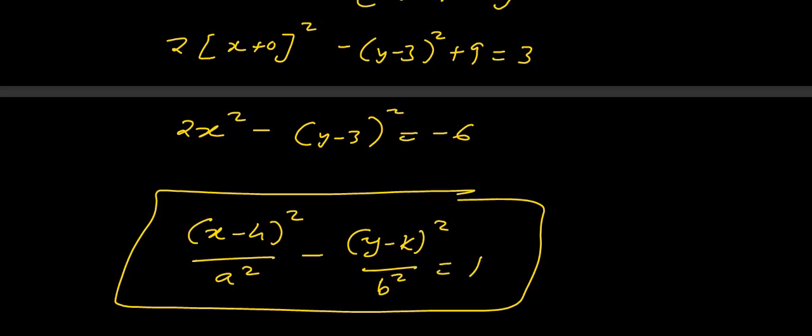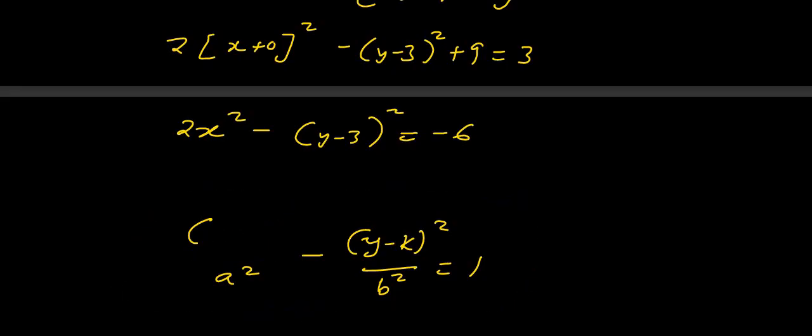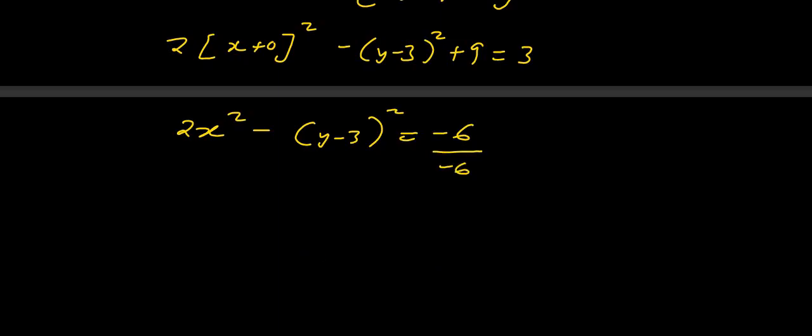This is the expression of a hyperbola that we need to get. So the only option we have is to divide everything by 6 to attain a 1 after the equal sign.